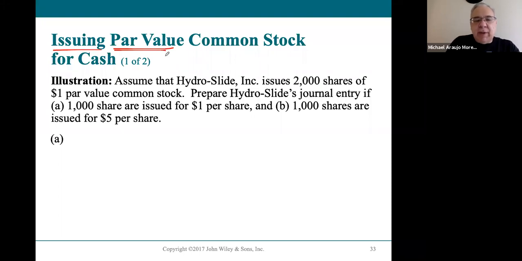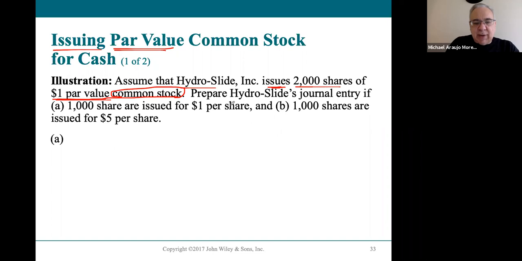So here we have a company called Hydroslide, and they issue, that means they sell, 2,000 shares of common stock, but these shares have a $1 par value. So the first thing we have to understand is that's going to be the value of the common stock account based on the number of shares that are issued at par value.